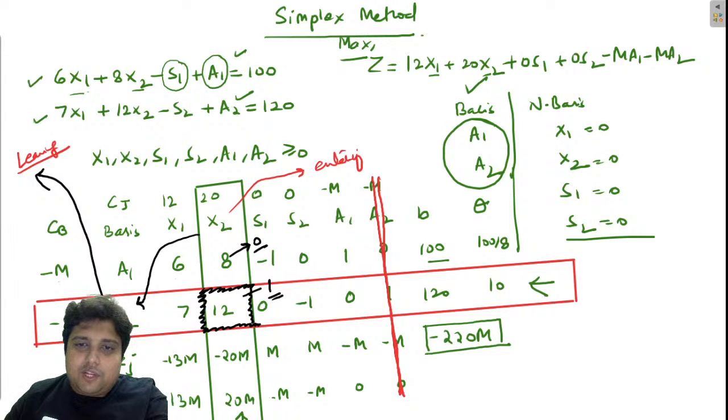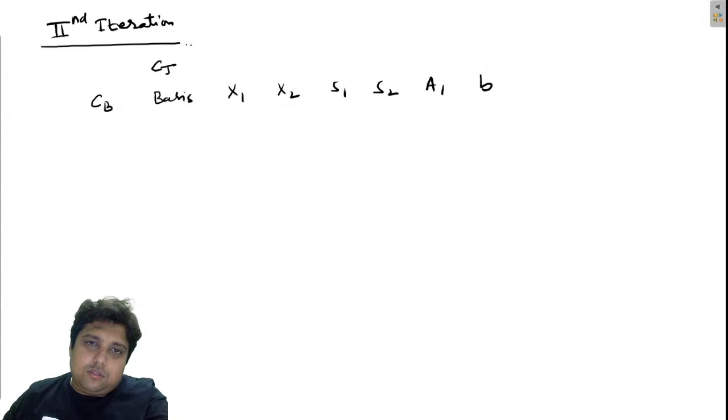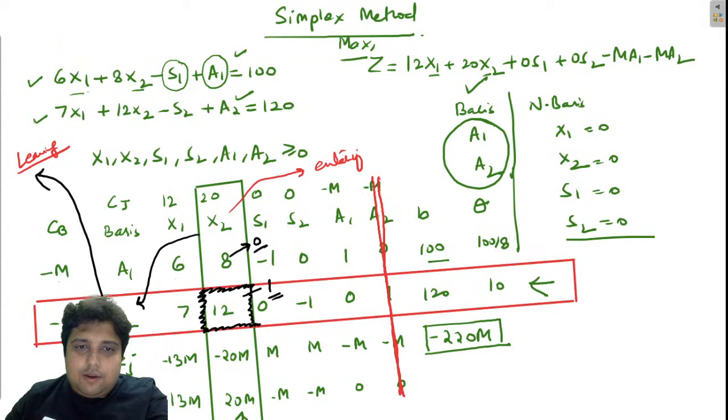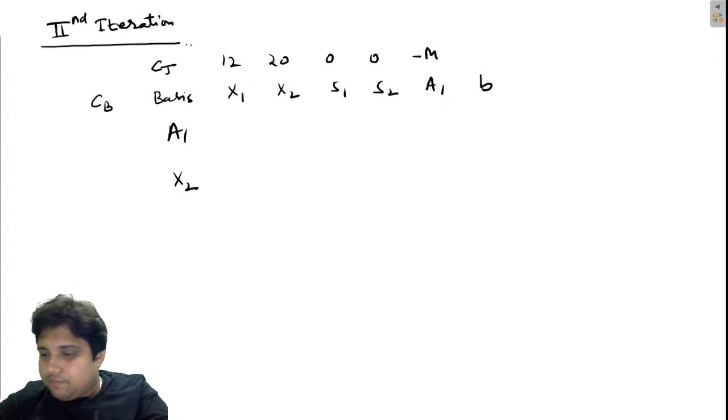X1, X2, S1, S2, A1, B. This is 12, 20, 0, 0, minus M. Under the basis column, A1 will be there, and instead of A2 we will write X2.